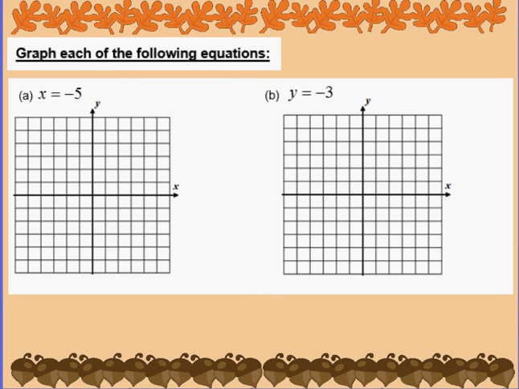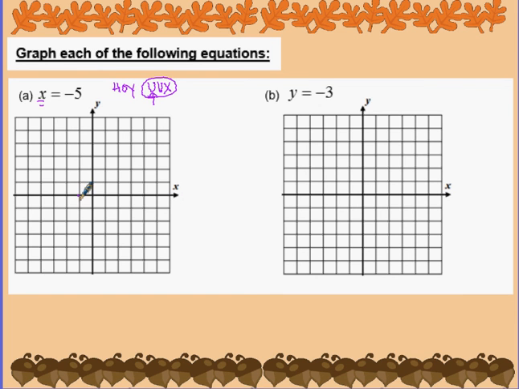I see x equals just a number, so I have to ask myself if it's HOY or VUX. Well, x is involved in VUX, so this must be a vertical line. And if I don't know where to begin, I look at the value they give you.